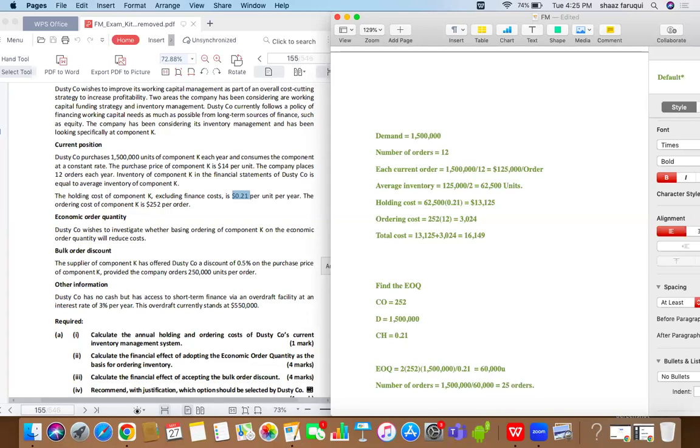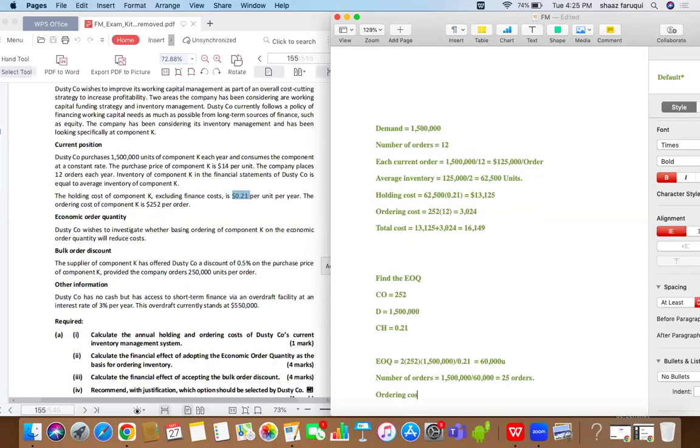And think about it. I mentioned this. If the number of orders is increasing, ordering cost will also increase. I'm making 25 orders. Each order, there's an ordering cost of 252. So 252 into 25. How much is 252 into 25? Who can tell me?